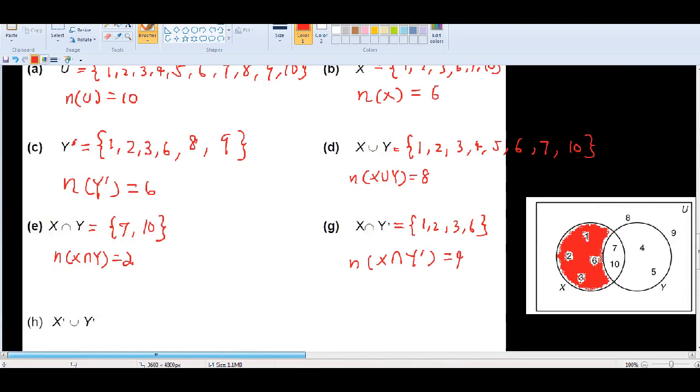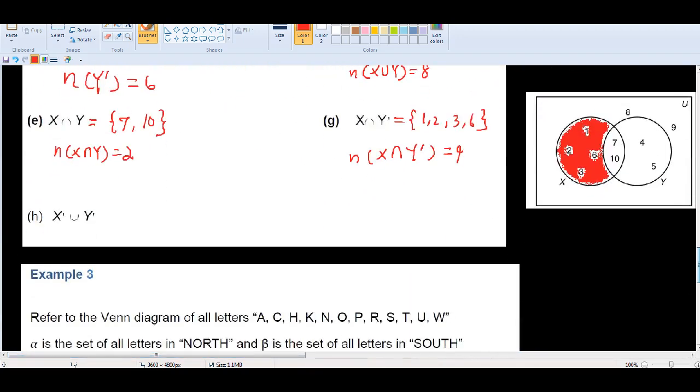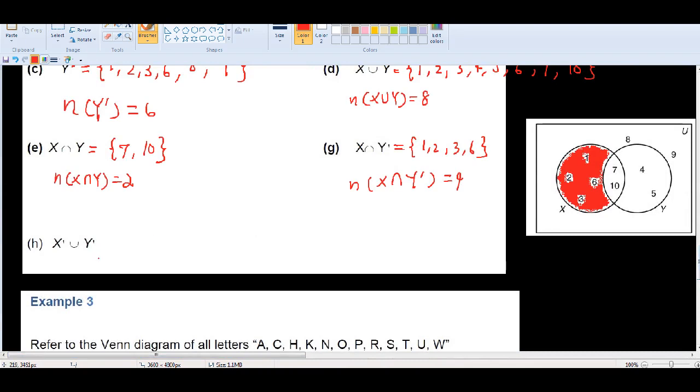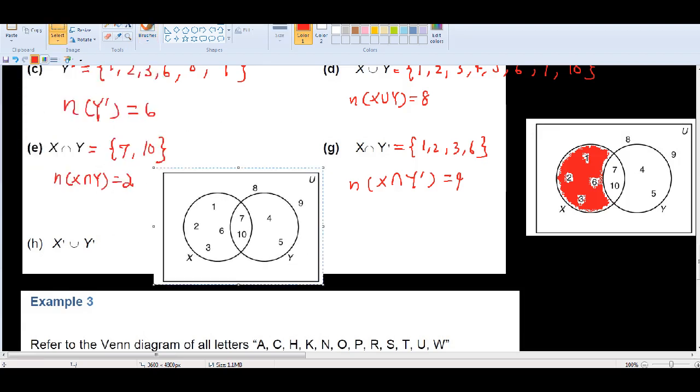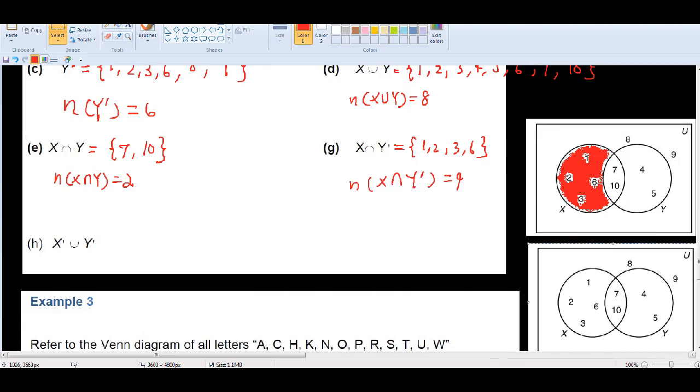Okay, the last one. This one's trickier. So not in X and union not in Y. Let's see if I still have this diagram over here. Let me put it here.